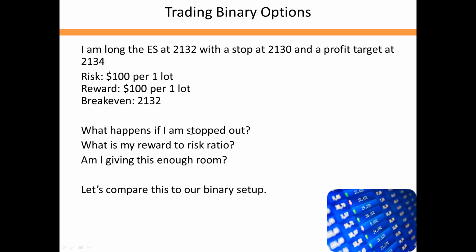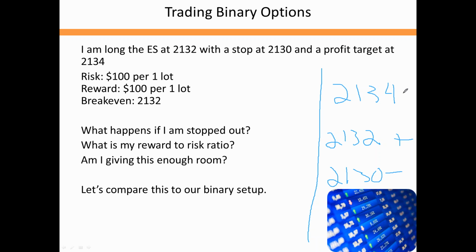So if I buy the futures at 21.32 with a stop at 21.30 and a profit target at 21.34, my risk and reward setup looks like this, right? So here's a chart of the market. Let's say I'm long from 21.32. Okay, I'm long here, and I have two orders placed out with that. At 21.30, I have a sell order there, and at 21.34, I have a sell order there.